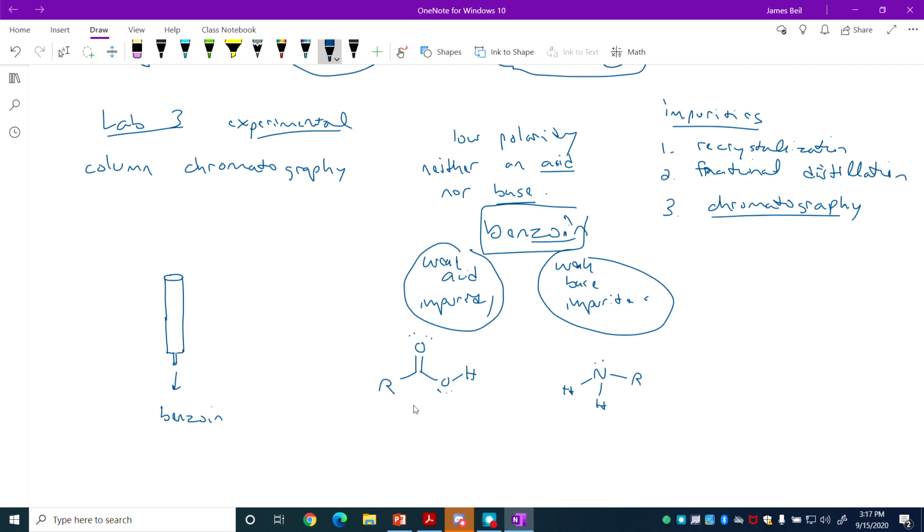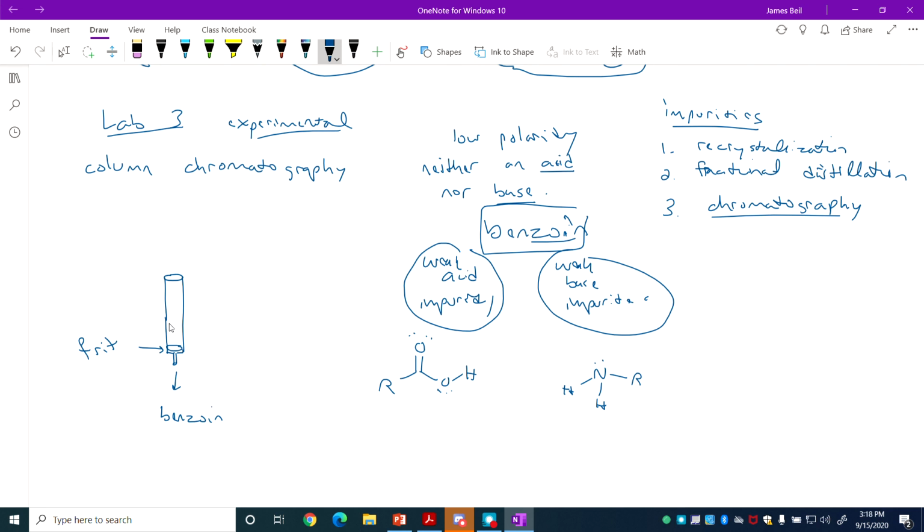First, we're going to put a little piece of filter paper in here, specially designed to fit into these little columns. It's a little round thing called a frit. Frit is just another word for a thick piece of filter paper, and it helps so no solid comes through here, just liquid.